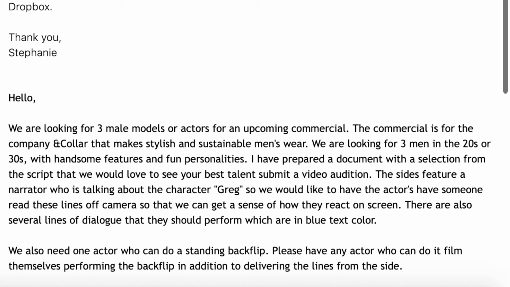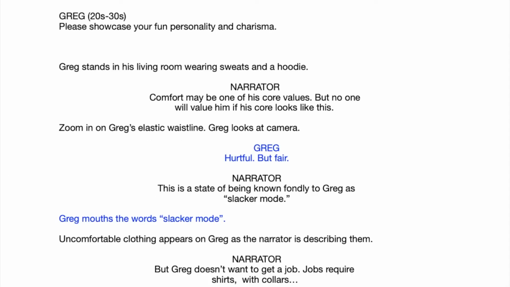They go on to talk about how they want the self-tape to be done. What I did was went through all of the sides and sort of figured out who this character was. That is your homework as an actor, figuring out who this character is, what they would wear, how they're reacting to things inside the sides that are giving you clues to help you figure out and answer these questions.